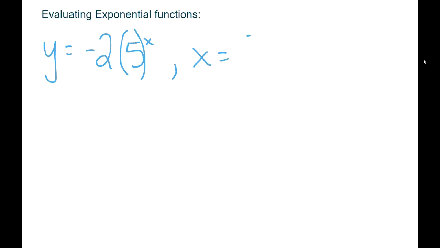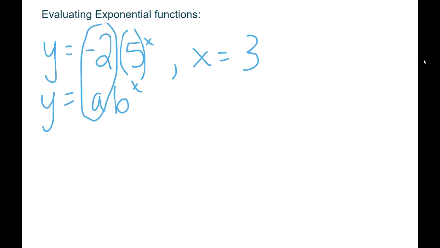The next thing you might have to do is evaluate an exponential function, and it simply means if I give you the function, like y equals -2 times 5 to the x power, and then it says x equals 3. Well, you can see our format, y equals ab to the x, and we've just replaced.